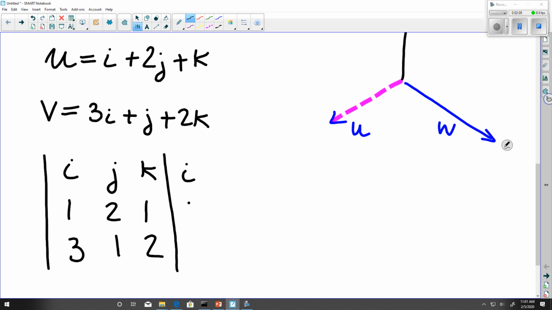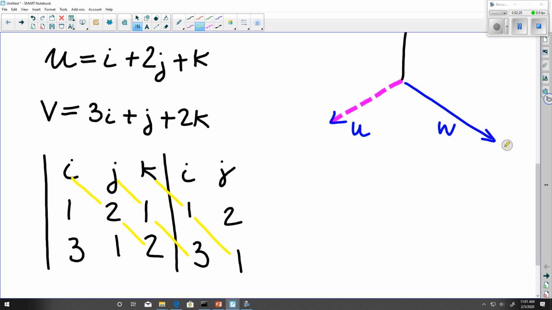Copy the first column, i, 1, 3. Copy the second column, j, 2, 1. And now you multiply and add the yellow. If you have different colors, that will be very helpful.